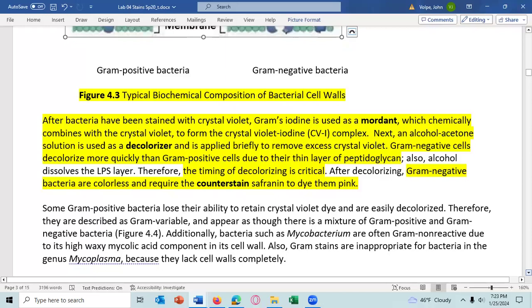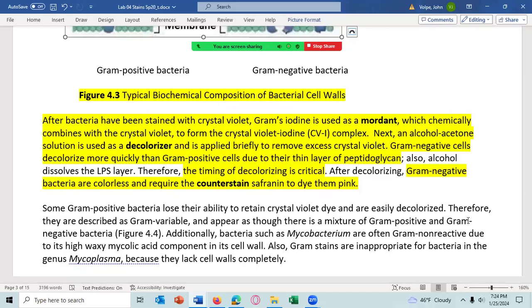A mordant is a chemical which combines with the crystal violet to form the crystal violet iodine complex, which is larger than the crystal violet or the iodine alone. And that's just to make a larger molecule so it won't wash out as easily, particularly in the gram-positive cells.